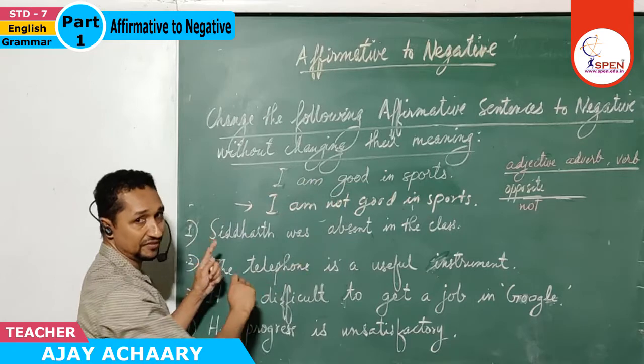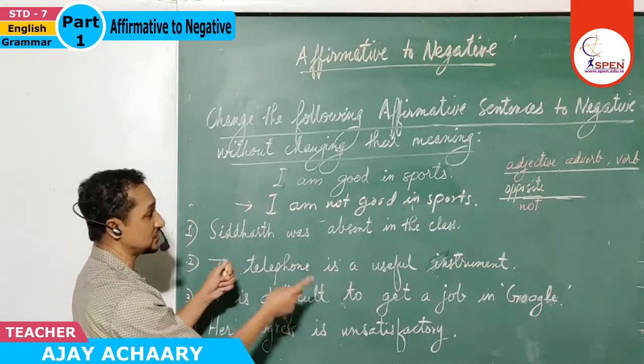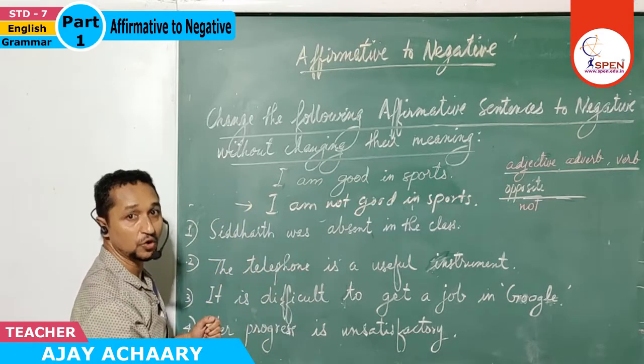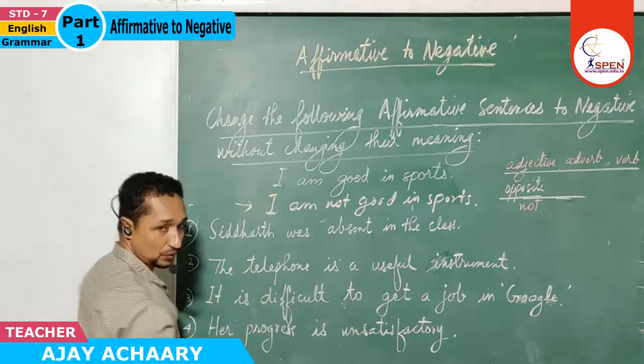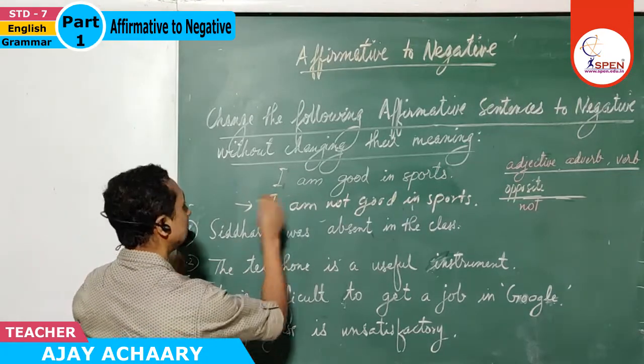While we are changing, the meaning should be the same, not changed into the opposite sense. So it is not the answer we needed. Okay, so there is a way.